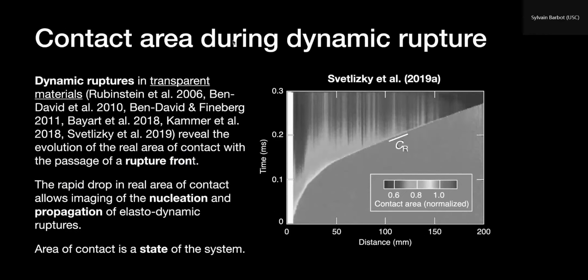And I think that's a reasonable assumption. So you can see how the evolution of the real area of contact through the light evolves over time, and it drops from a high value to a low value with the passage of the seismic rupture, which in this case goes at the Rayleigh speed. So this is a very important experiment that confirms once again that the real area of contact is a good candidate as a state variable.